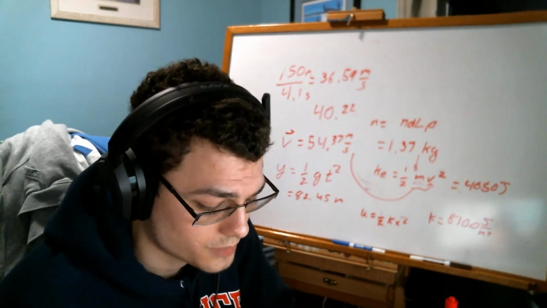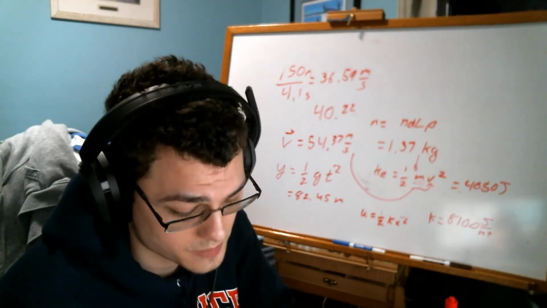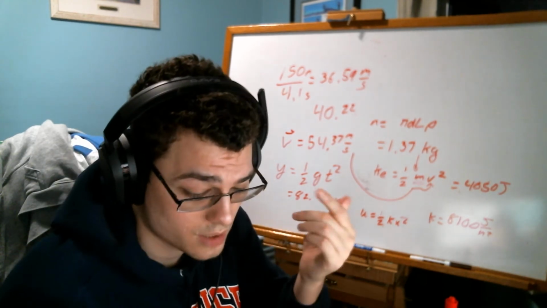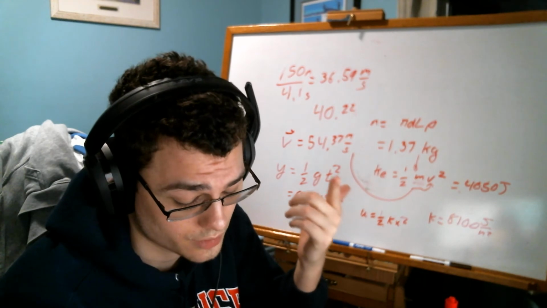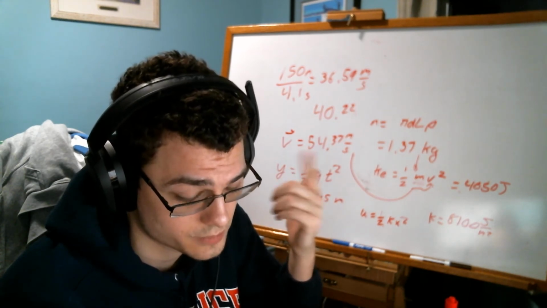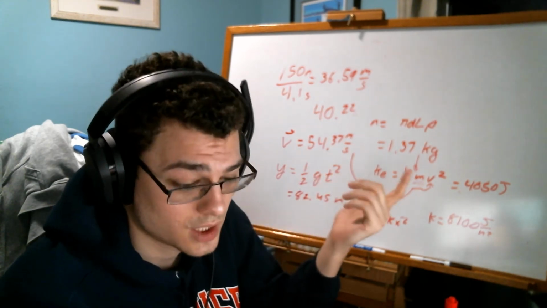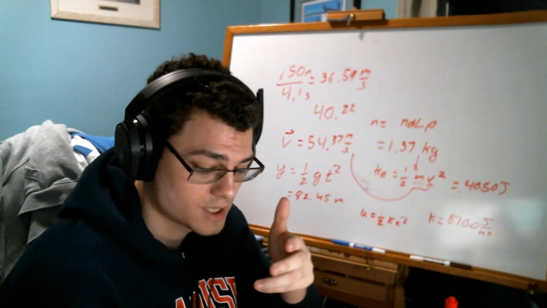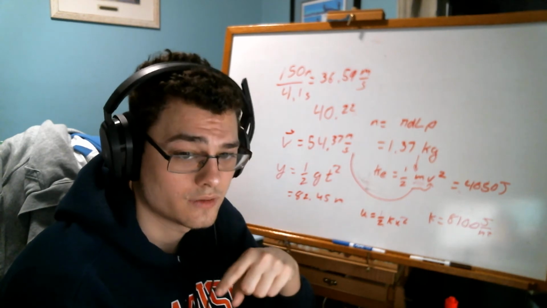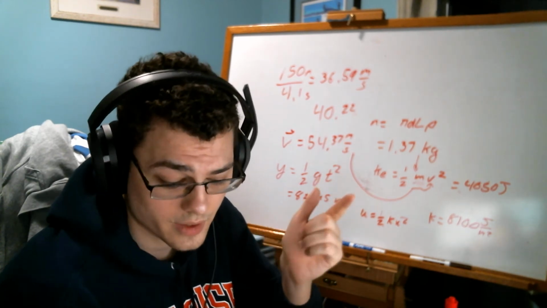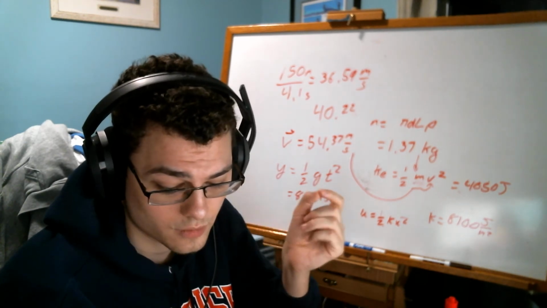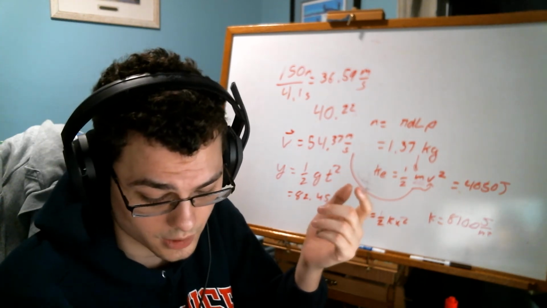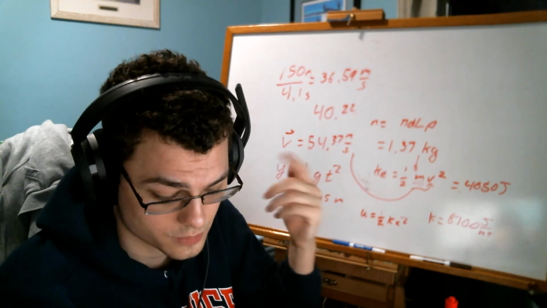And then the final momentum is going to be its mass again times the velocity they give you in the problem, and that'll give you 342 kilogram meters per second. And so then the impulse is just the difference between those two. The first one's positive, the second one's negative, and that negative cancels out with the negative in the 3,000 number, and so the impulse is about 3,374.75 if you round up, kilogram meters per second.